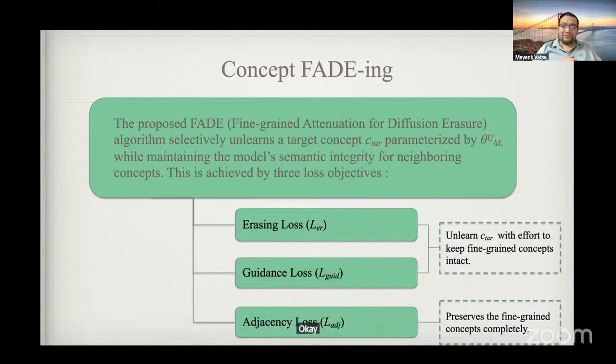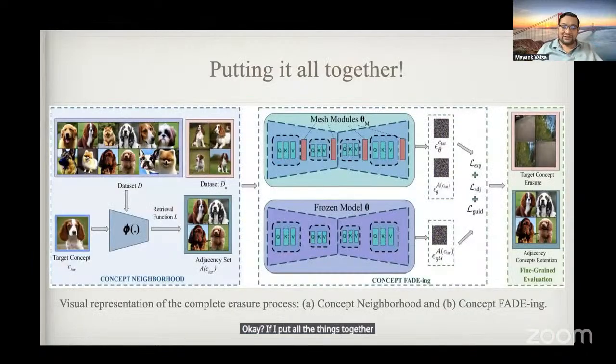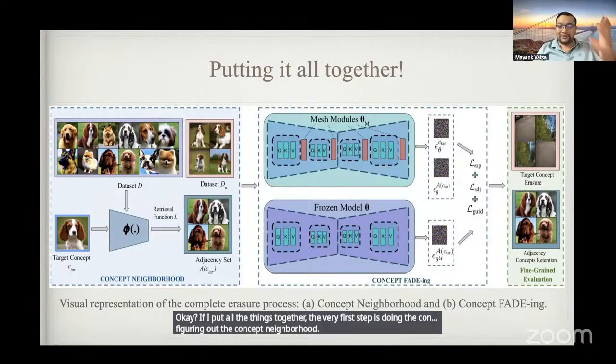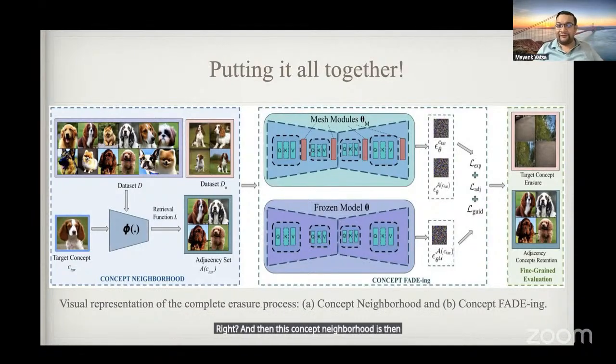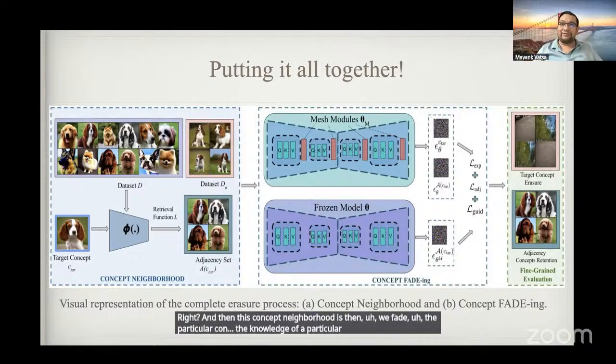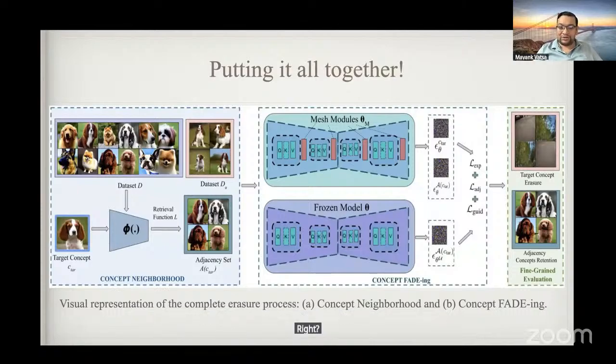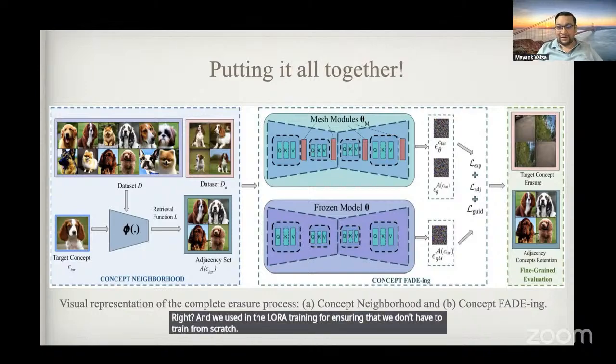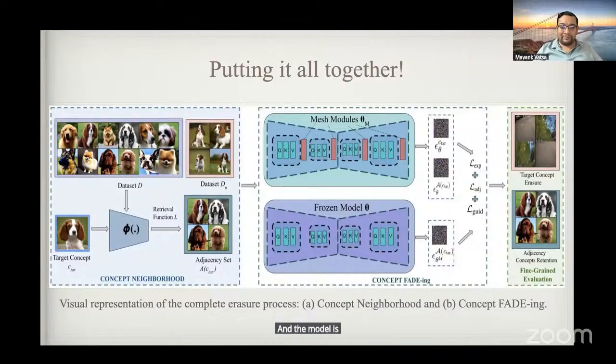Okay. If I put all the things together, the very first step is figuring out the concept neighborhood, right? Then we fade the knowledge of a particular target concept while preserving the adjacency set as well as the coarse set, right? And we use LoRA training so that we don't have to train from scratch, and the model is updated for the particular target concept unlearning only.